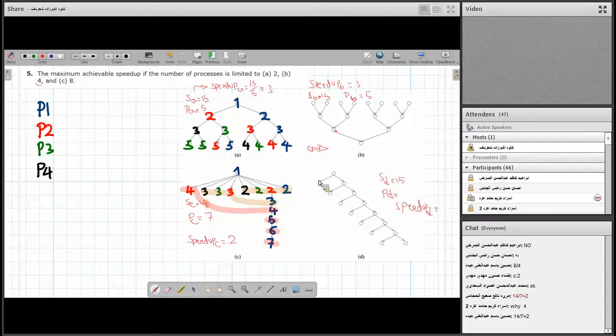And for this figure: 1, 2, 3, 4, 5, 6, 7, 8. 3, 4, 5, 6, 7, 8.